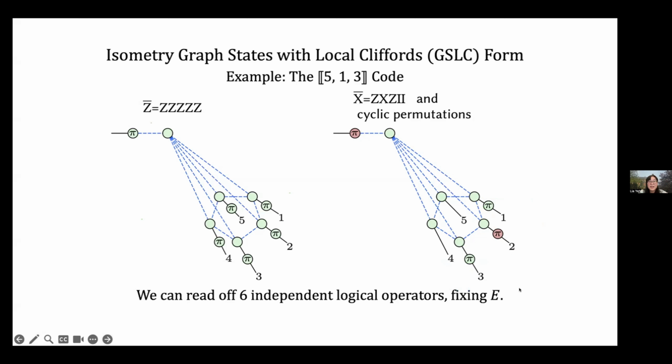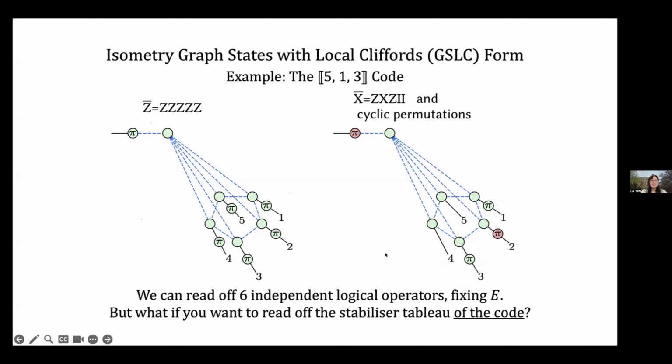So this lets us read off a stabilizer tableau with 6 independent rows, and this is what we want for being able to recover, and this completely describes the encoder map. However, this doesn't tell us directly about the stabilizer tableau of the code, because we have 6 rows of the tableau, which is the correct number we need, n plus k, to fix the encoder.